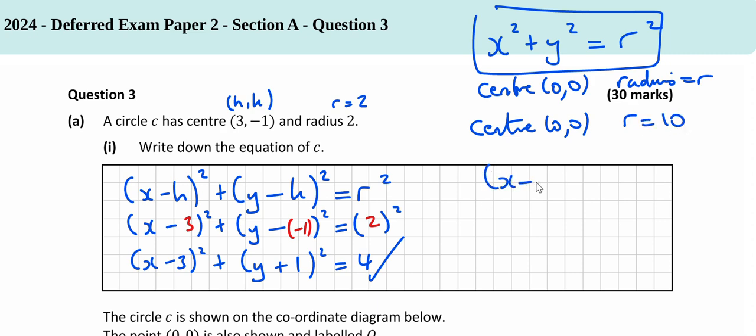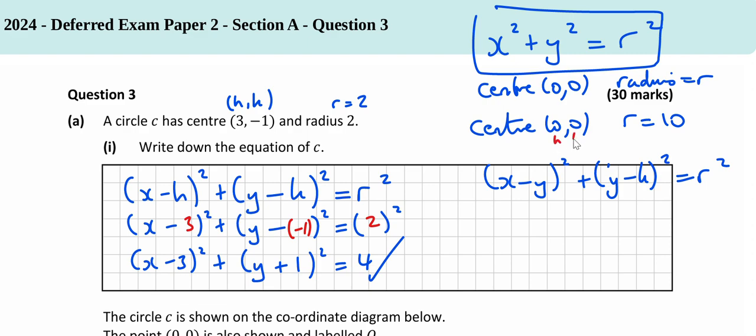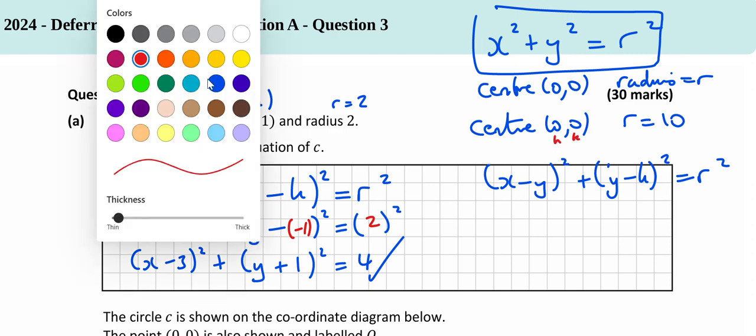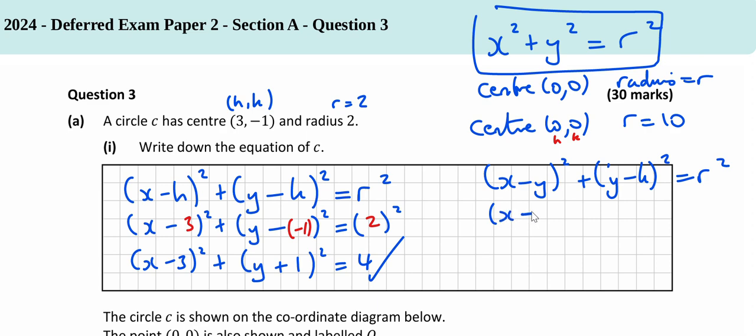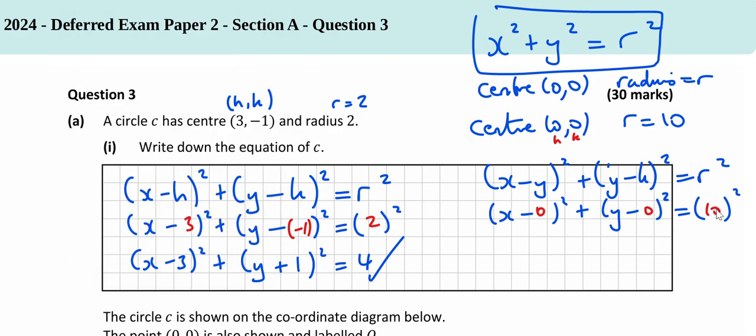They started using this formula and came across redundant information. So remember h and k there, now we put in 0, 0, 10.